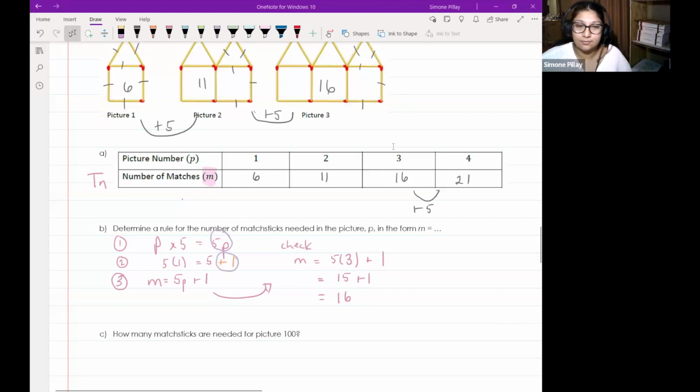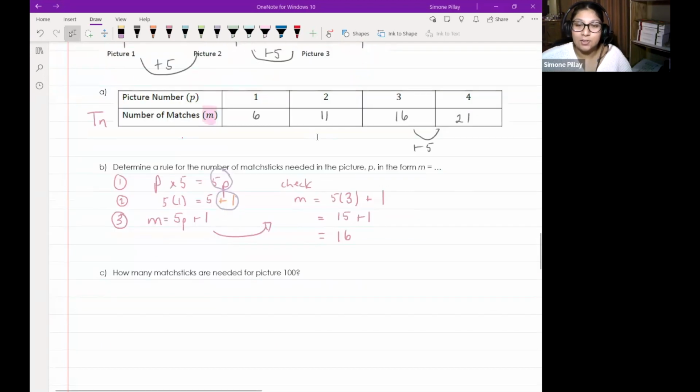Itandile, do you have a question for me? Ma'am, I just want to answer C. Oh, lovely. Okay, so answer C for me. What am I doing here? Since we did our formula, which is M is equal to 5P plus 1, we're going to say M is equal to 5, substitute P with 100, then we bracket plus 1.